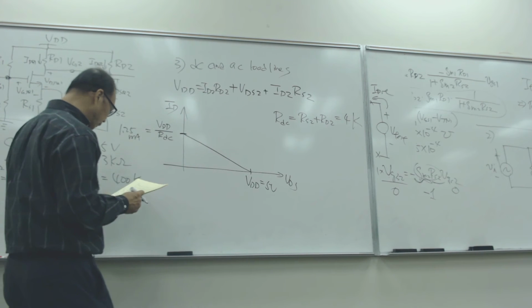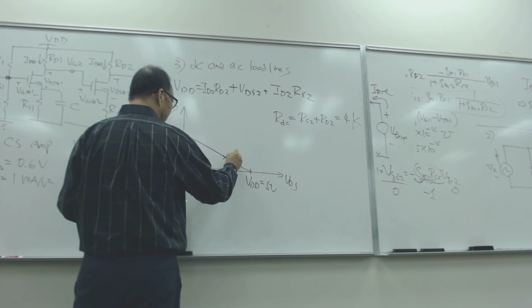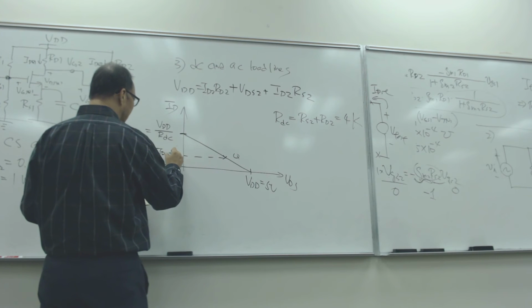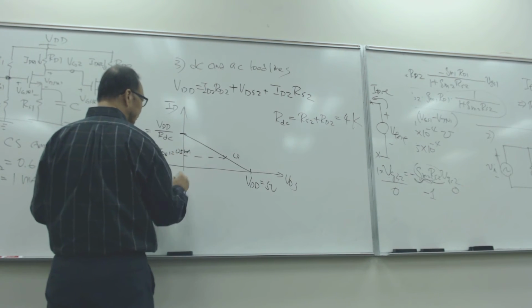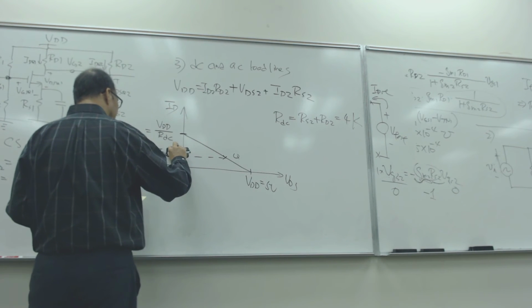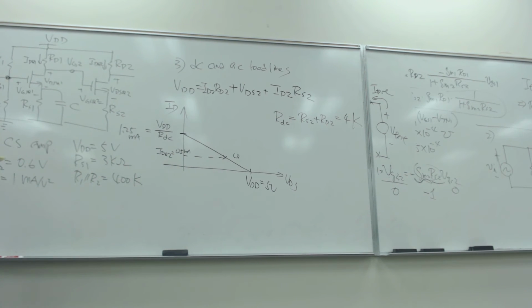The Q point, I remember IDQ was 0.5 mA, right? So it should be here, a little bit lower. So it's IDQ1 0.5 mA. Then IDQ2. Okay. So do we only worry about the second stage? Yeah.